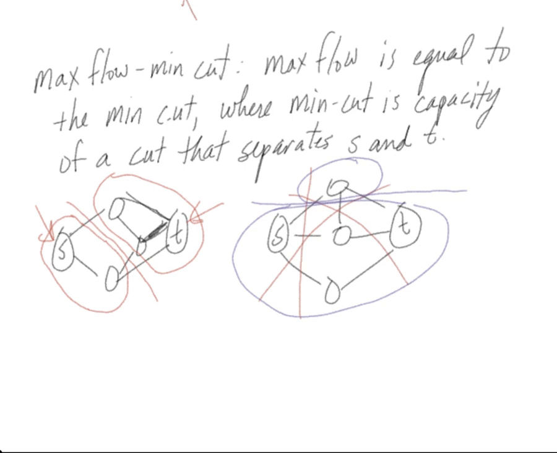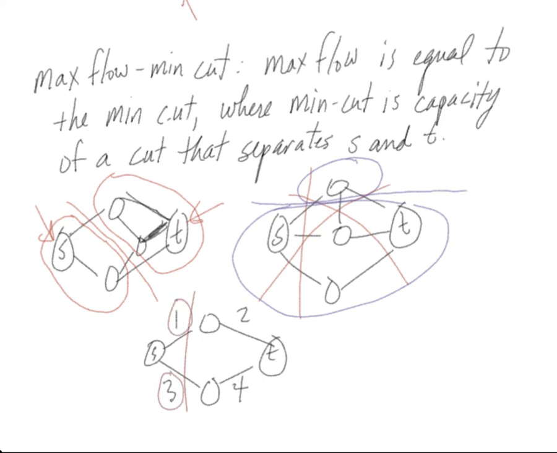Okay, so now let's look at the theorem again. The max flow is equal to the min cut, where the min cut is the capacity of the cut. So let's talk about what the capacity of a cut is. So if I have S, and let's just do something very simple. Let's see, 1, 2, 3, 4. So here are my capacities. Let's make a cut, say here. The capacity of the cut is the sum of the capacities of the cut edges, 3 plus 1.